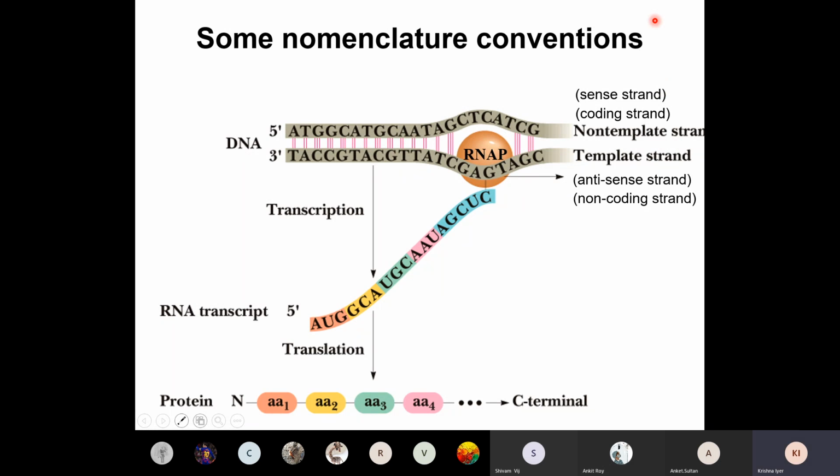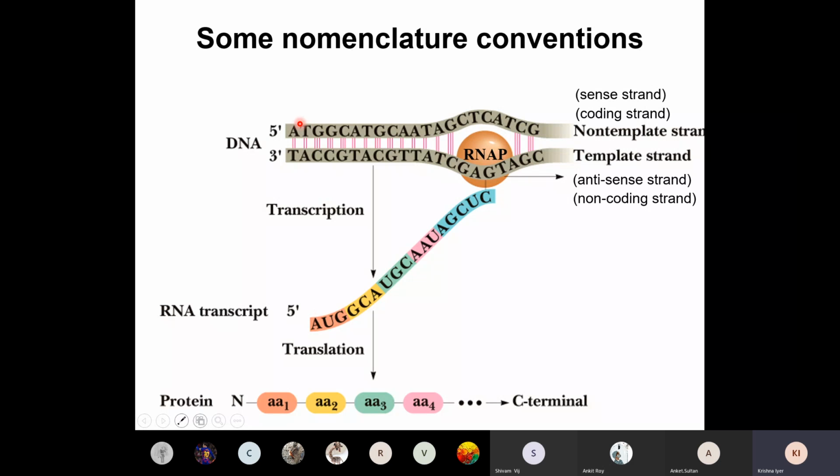And the reason for that is that its sequence is identical to the sequence of RNA, which is actually going to make sense to the ribosomes, who are going to read this and make the protein. So this sequence is called the sense sequence because it is making sense to the ribosomes and is translatable.